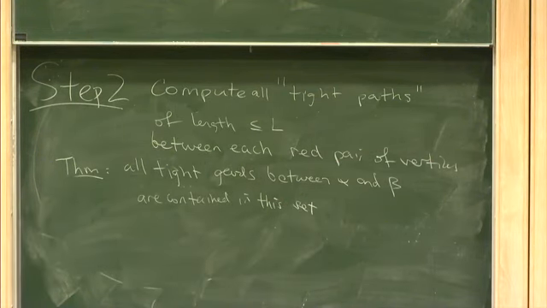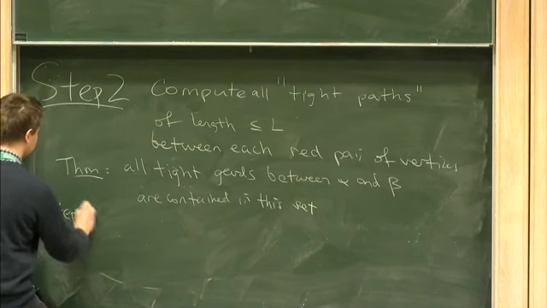Tight geodesics are a special class of geodesics in the curve graph, which were introduced by Masur and Minsky, and they have local finiteness properties. So this set is finite now and contains a geodesic.